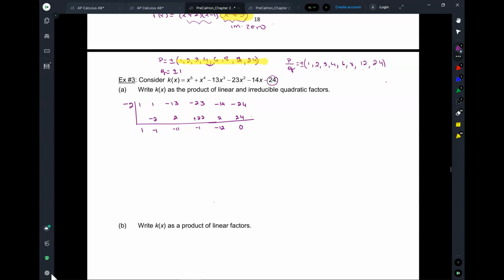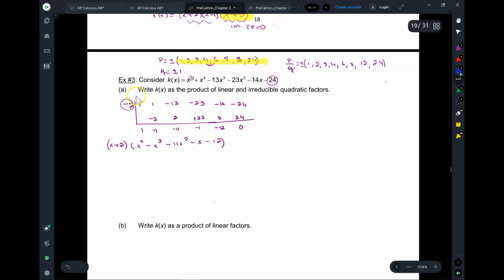But I already knew that I would get a 0 because it's one of the zeros. So now what I have from here is x plus 2. And remember, these bottom numbers give me the coefficients of the depressed polynomial. If I started with x to the 5, now it's 1x to the 4 minus x cubed minus 11x squared minus 1x minus 12.